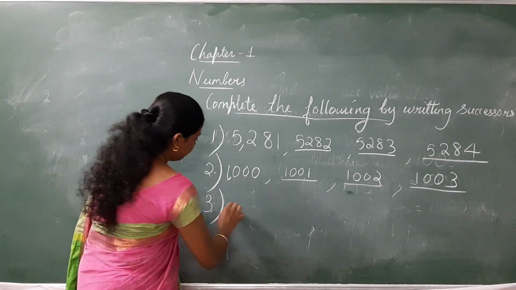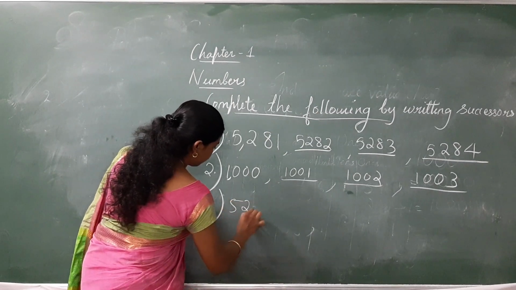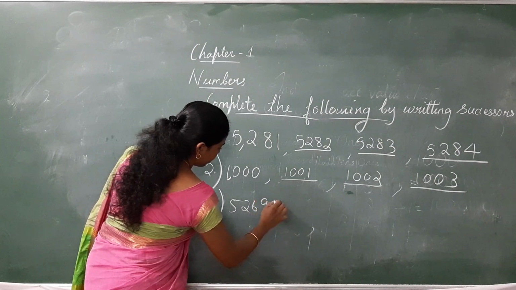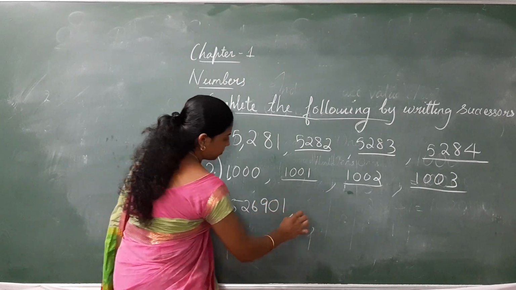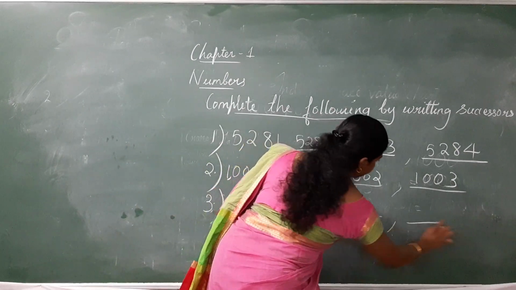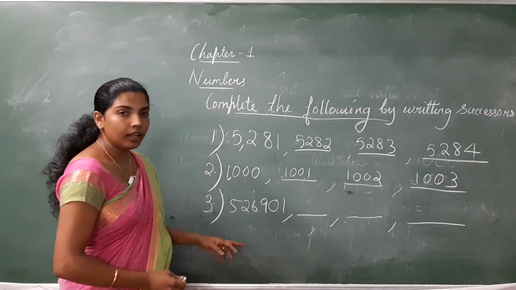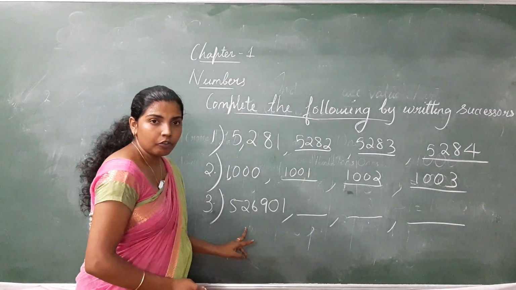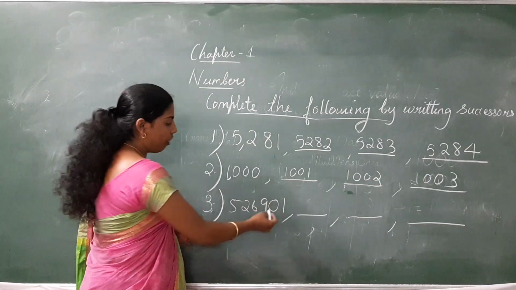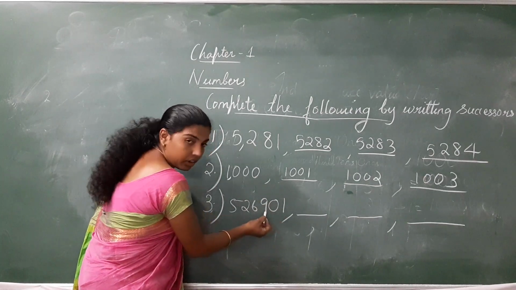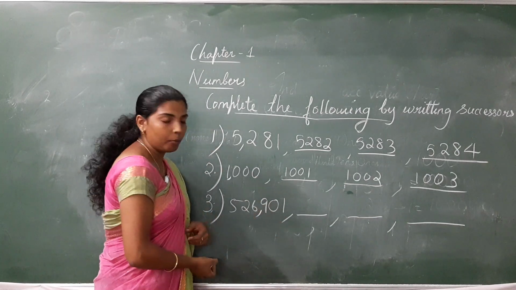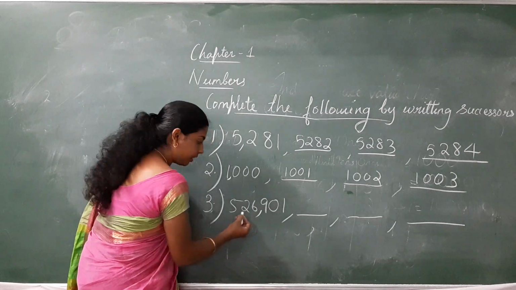Third question. Can you read this number? For that we have to put commas. After ones, tens, hundred, after 100 we have to put a comma. Then thousand, 10,000.